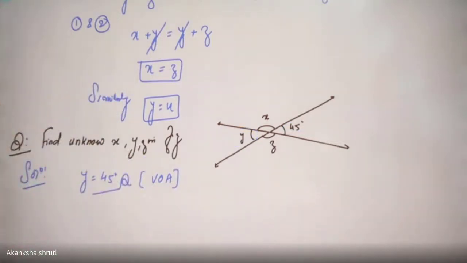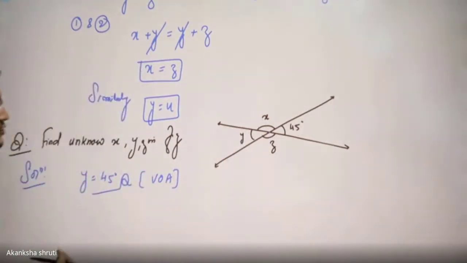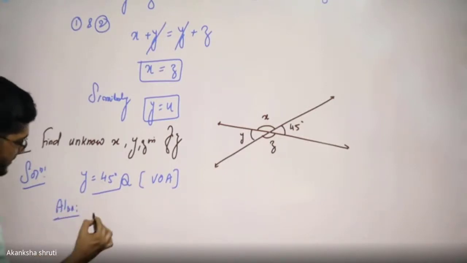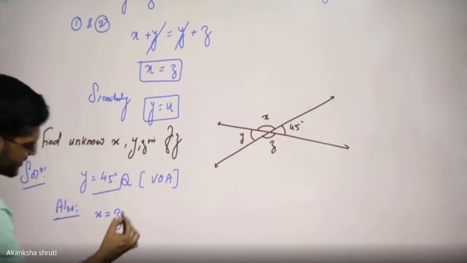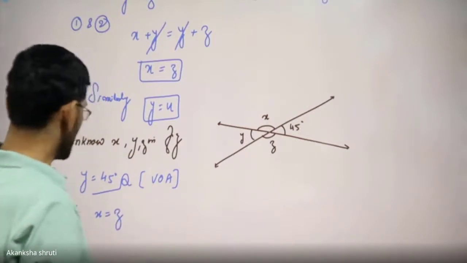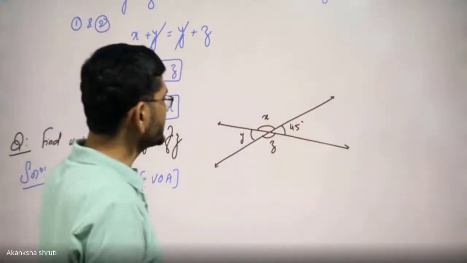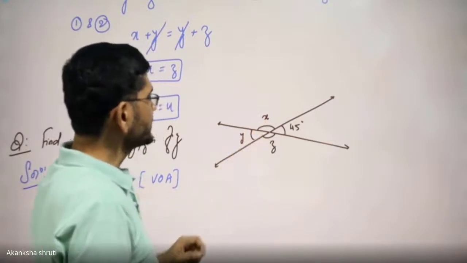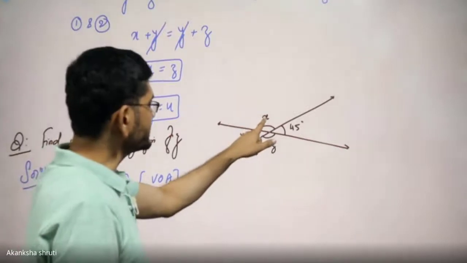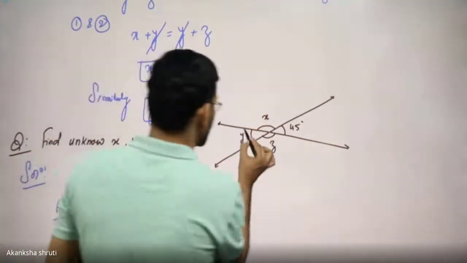Now coming to the other, X and Z. Students, we can also write that this X equals Z, but what is its value? How can we determine it? For determining this X or Z, we have to take one of the straight lines.